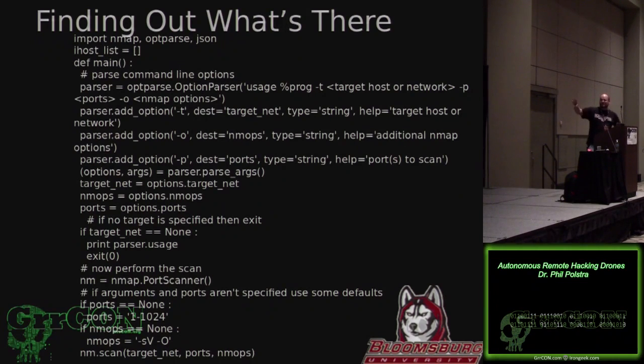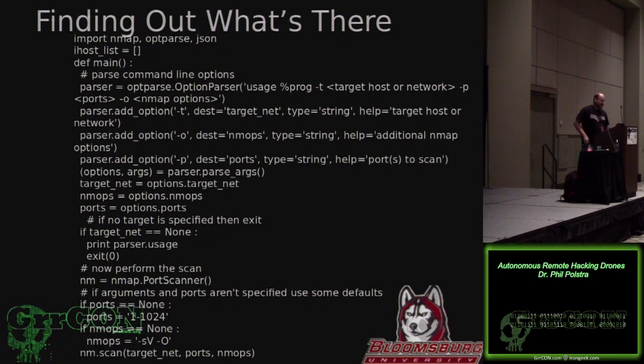What you can do, this is a pretty simple script. This one, it's two screens long. Again, in the main function, you're going to parse a couple of options, some Nmap options. Maybe you just want to target one thing or a network. What ports do you want to target if you want to choose specific ports, and also any particular Nmap options you might want to use.